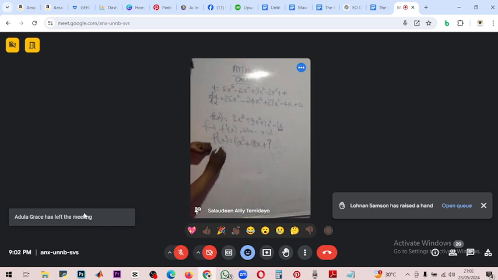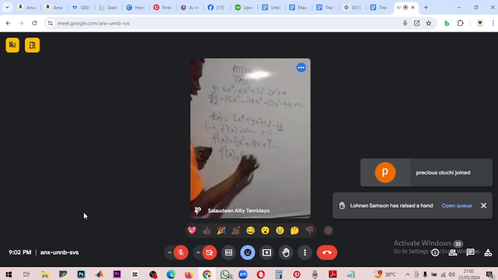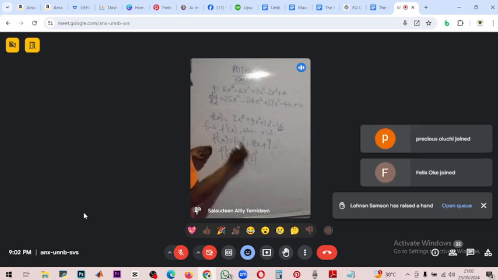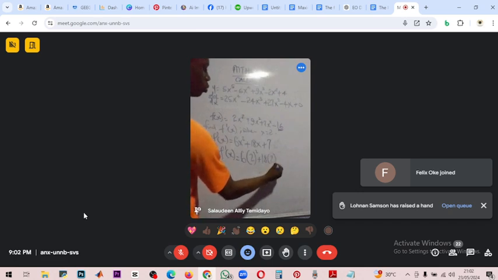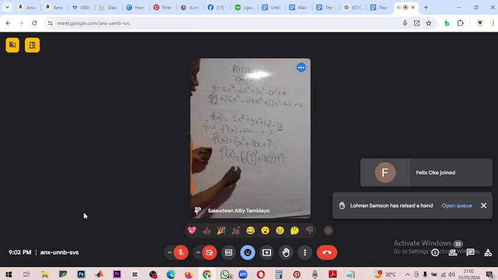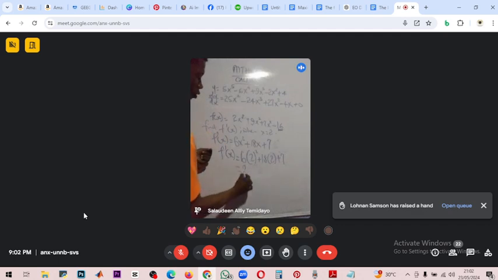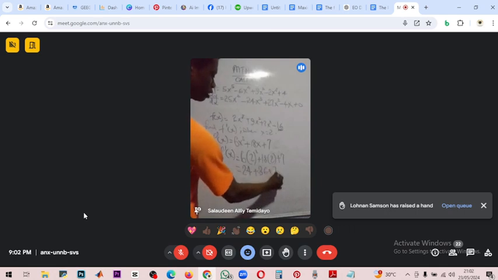Then when x is equal to 2, we're going to have 6 times 2 squared plus 18 times 2 plus 7. That's going to give us 24 plus 36 plus 7.